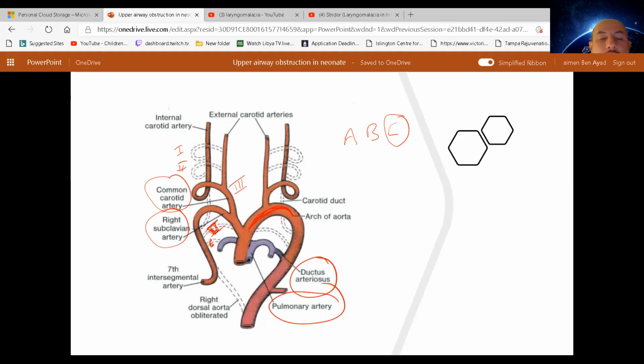Let's repeat again. I know it's a little bit confusing. So you have 2, 3, 4, 5, 6 pairs. Why is it important? Because usually the arch is the left side arch. So this one, the left side arch, is normal. The right side is for the right subclavian artery.